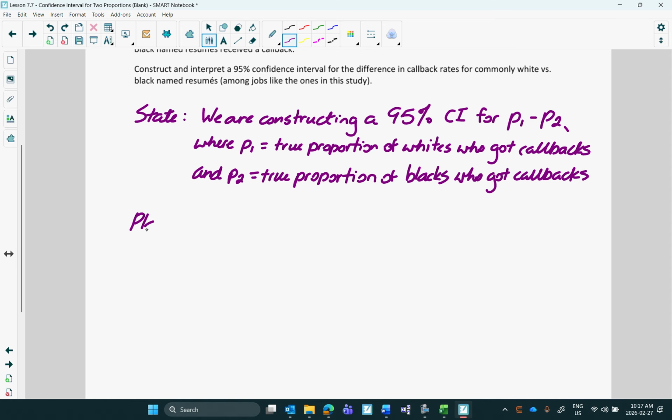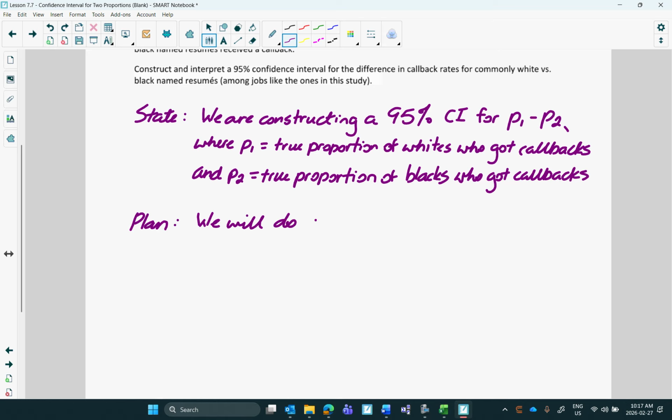Plan. We will do a 2-sample Z interval for P1 minus P2, if all conditions are met.